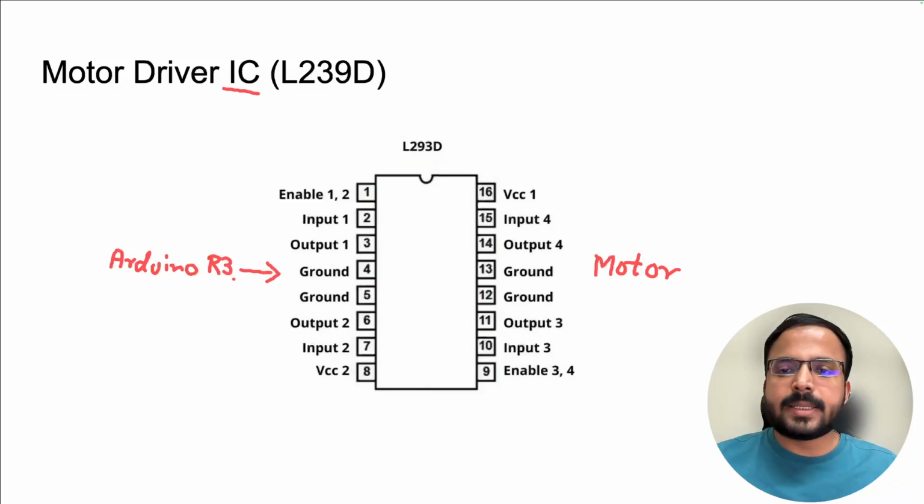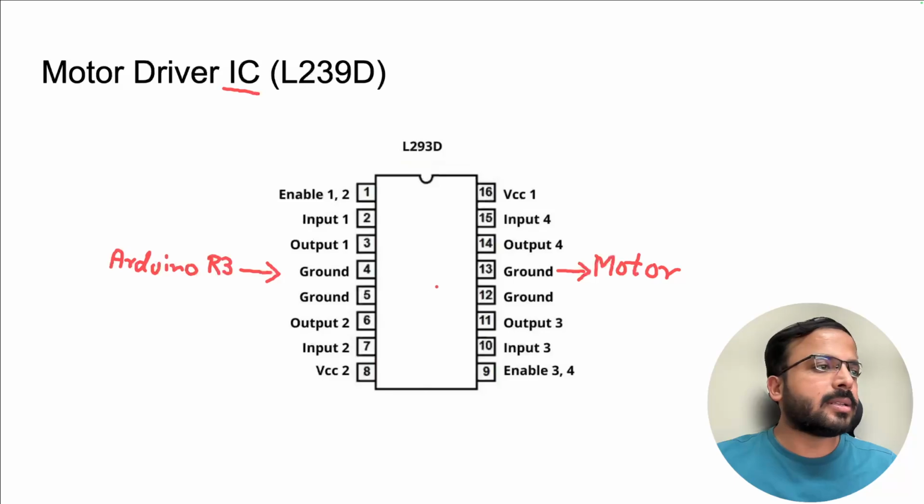You provide certain supply from your Arduino to this IC, and the circuit inside the motor driver IC will convert this to the voltage or current levels which the motor requires. In the market you will get this IC as L293D.